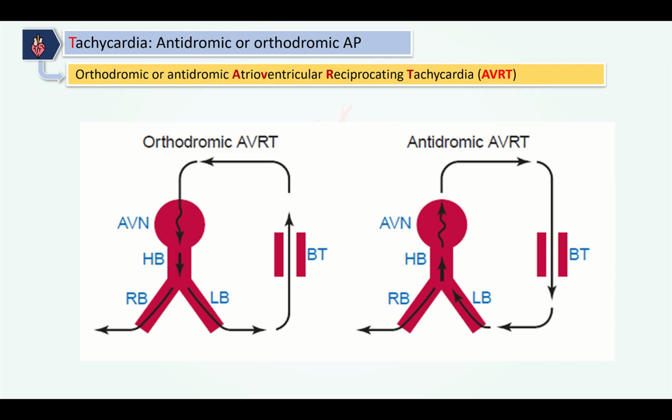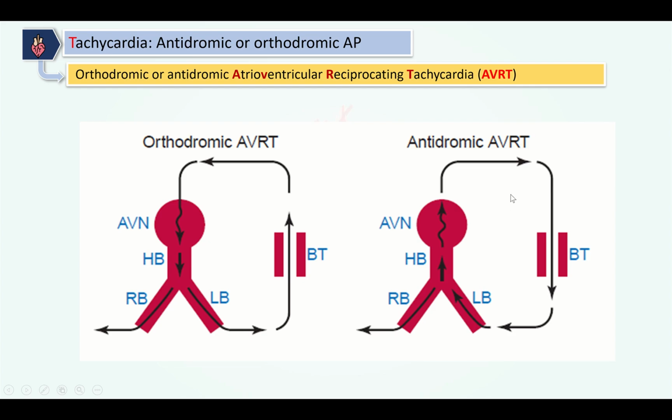Let's see the difference between orthodromic and antidromic. In orthodromic tachycardia, it's a narrow complex. The impulse goes down antegrade through the AV node, then retrograde through the accessory pathway and continues the re-entry.